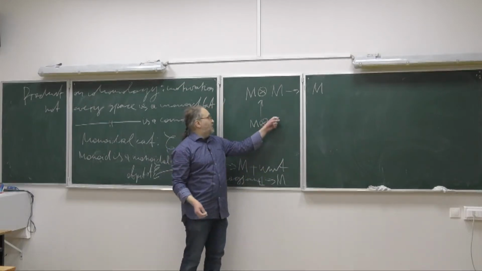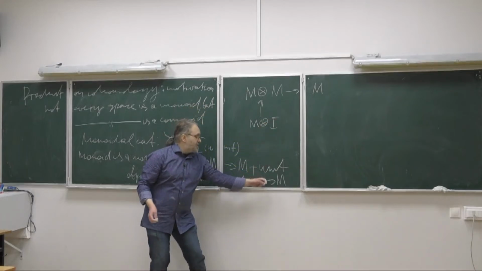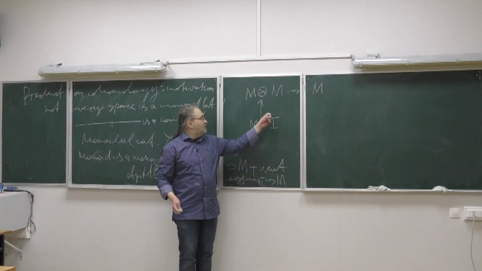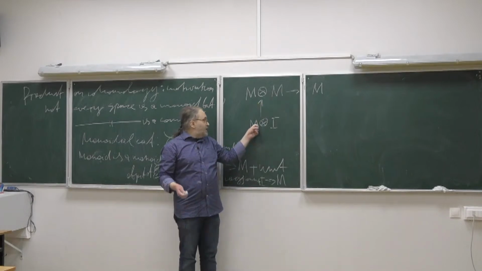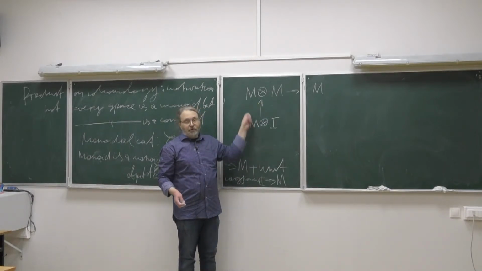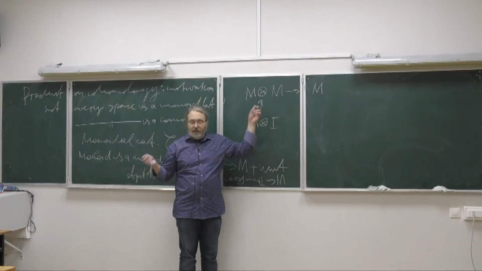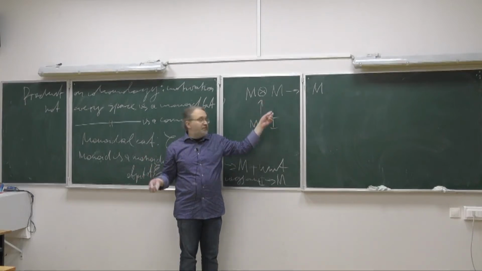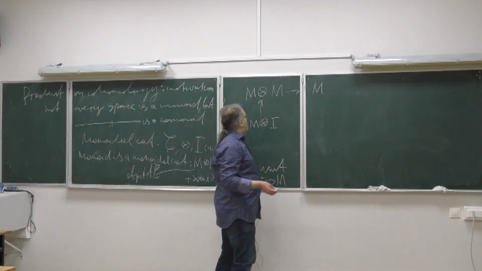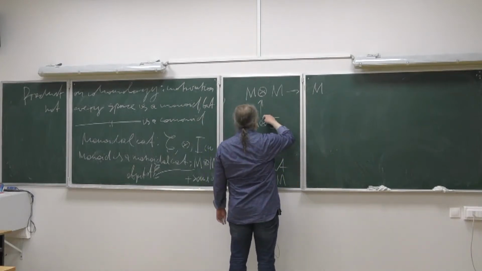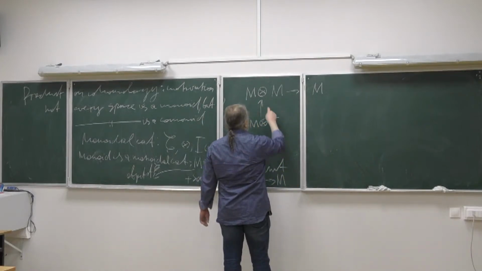But I also have this morphism from I to M, and I have the identity morphism from M to M. So I tensor product these two morphisms. I get a morphism from M tensor I to M tensor M.